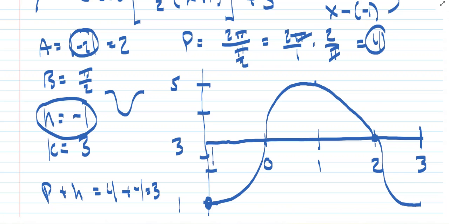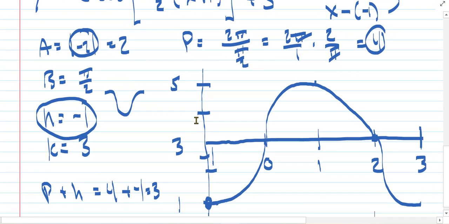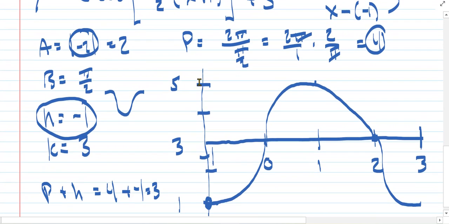So let's just check to make sure that we have all the elements here. The midline is at 3, which checks. We have an amplitude of 2. We're going up from 3 to 5, down to 1. We inverted it because of this negative. So instead of starting at 5 and going down and then up again, we're starting at 1, going up and then back down.